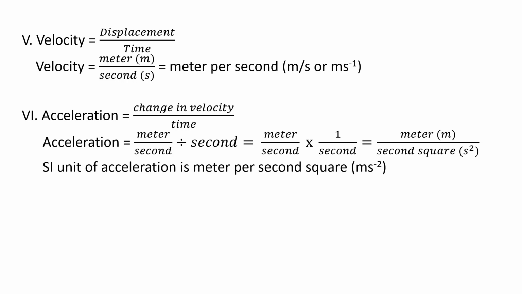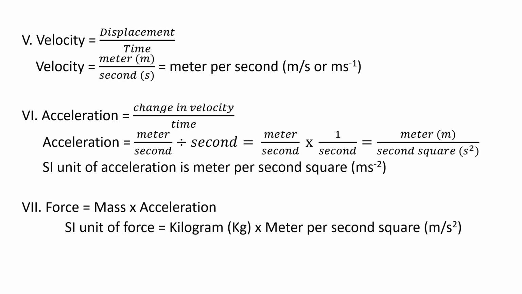Good. Then we have the seventh one, which is force. Its formula for finding force is mass times acceleration. The unit of mass is a kilogram. And we just learned that the unit of acceleration is what? Meter per second square. So kilogram times meter per second square will give you the unit of force.